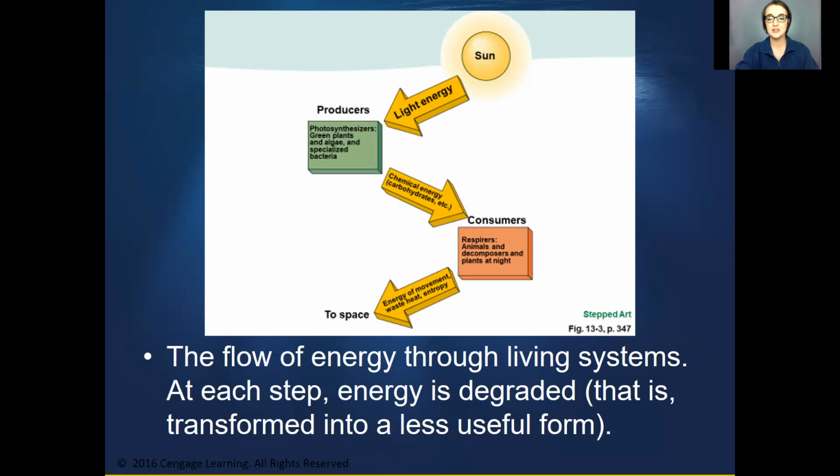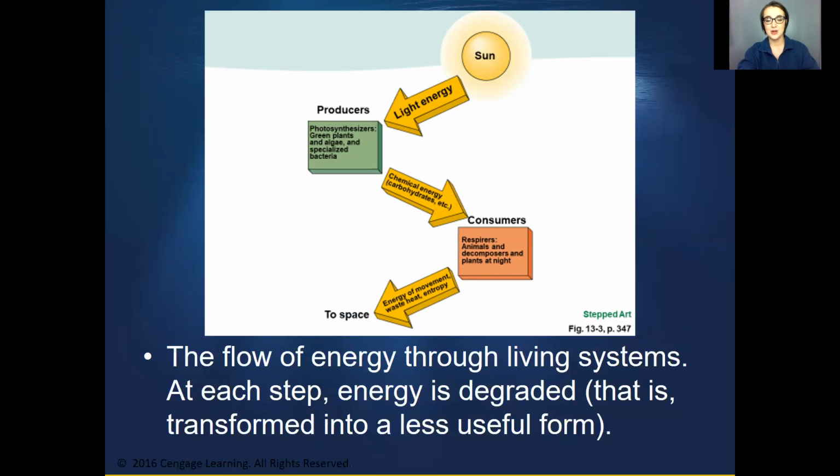So this again is just a little bit of an illustration. We all know how the food chain works. We start with the sun. That light energy goes to our producers. In the ocean, most of the time, we're going to see this being seaweed, algae, bacteria, those planktonic creatures. And then that chemical energy is going to go into consumers. So small fish to medium fish to bigger fish.